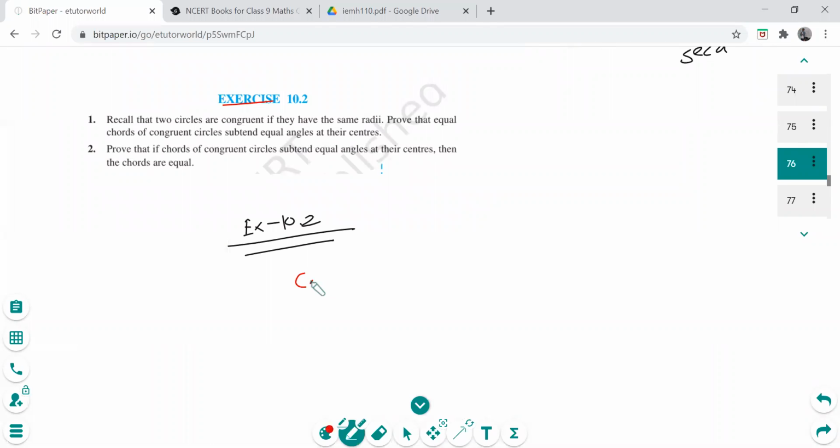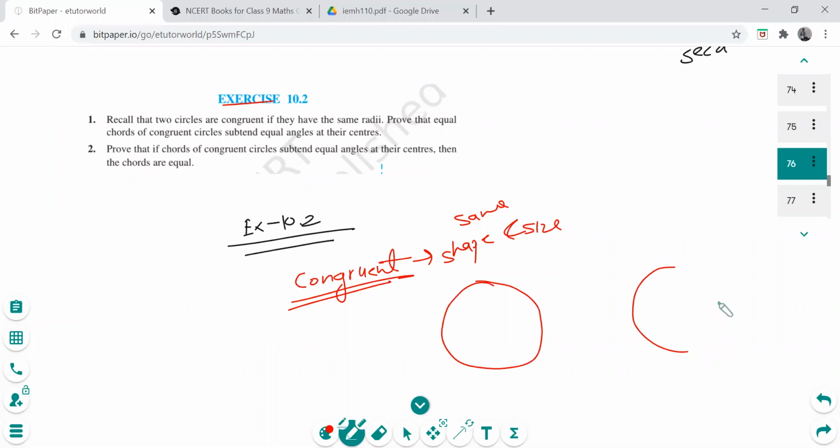Congruent means two figures, two objects, are equal in their size and shape. Very good. Same shape and size. So two circles can be congruent when both have equal radii, right? Otherwise their shape and size will not be equal. So if you recall, two circles are congruent if they have the same radius. So there is nothing here yet, this is just recalling.